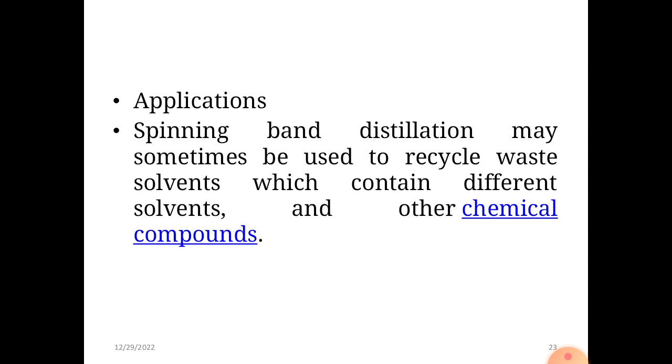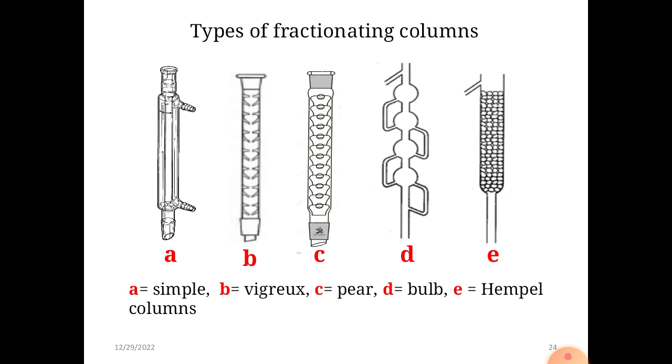Now we turn to the next and last part of this unit, that is, types of fractionating columns. Here different types of fractionating columns are shown, A, B, C, D, a total of 5 columns. Fractionating columns are connected to the container, or flask, which is heated, then the solvent is separated and water circulation is provided.